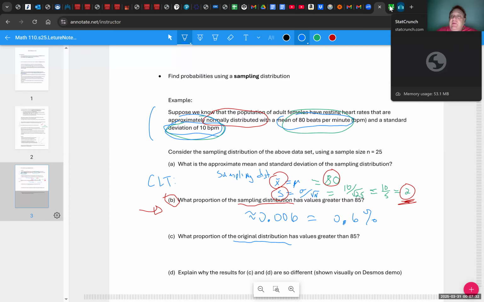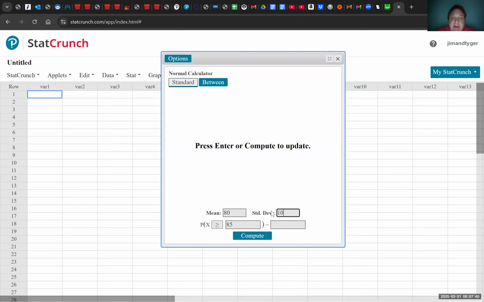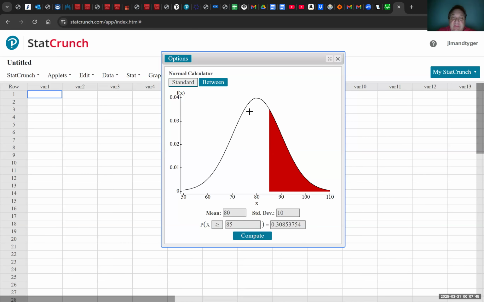So let me go back to my StatCrunch. I'm going to do my 80 mean, but I'm going to go back to my original standard deviation of 10, and I'll compute again for greater than 85. So here's my original distribution with a mean value of 80. And then if I go out 10, I'm jumping by tens each time.